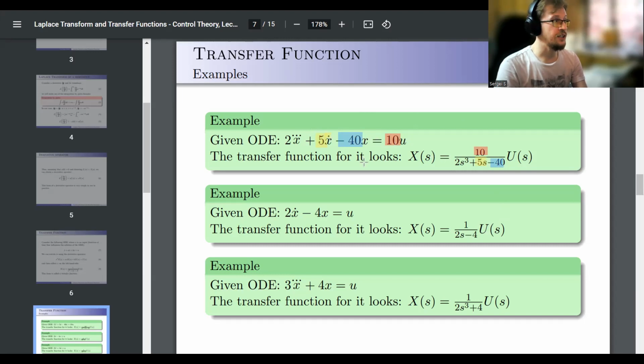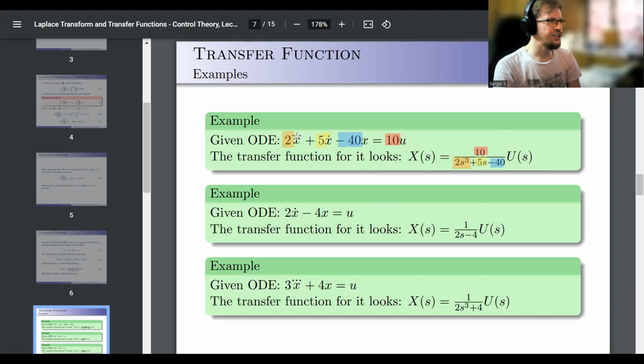We don't have x double dot, so we don't have s squared. Now 2x triple dot becomes 2s cubed. Okay. Questions about this one? No questions? Because this is a transfer function for this differential equation. Equivalent representation.